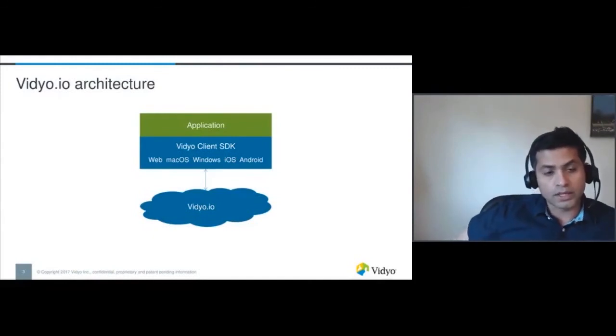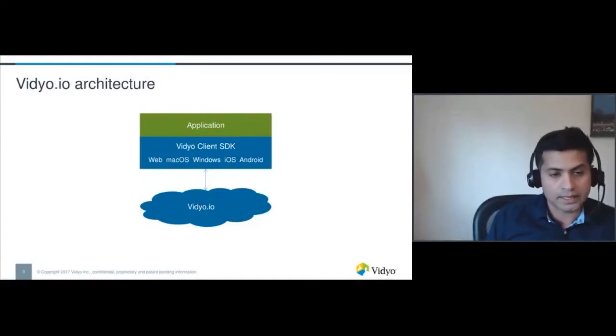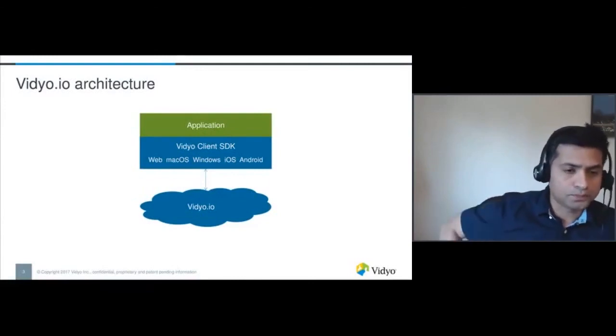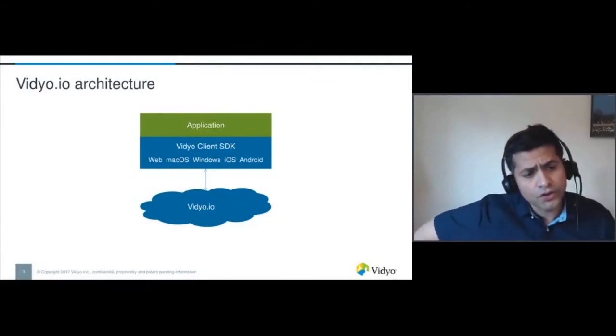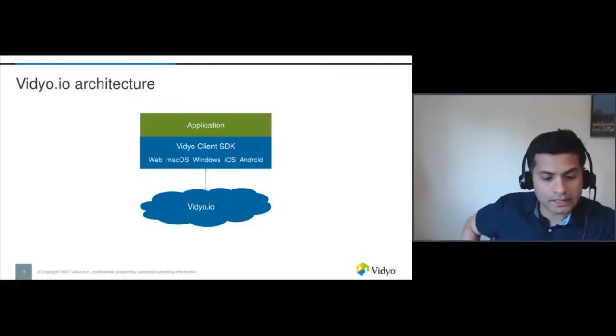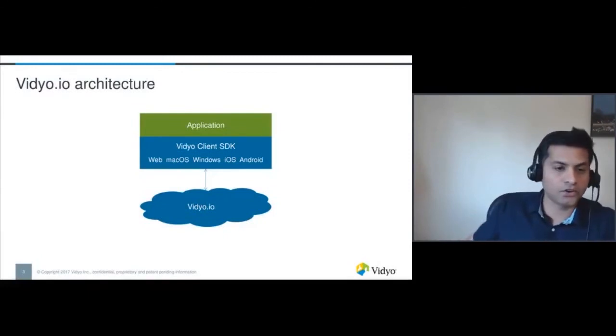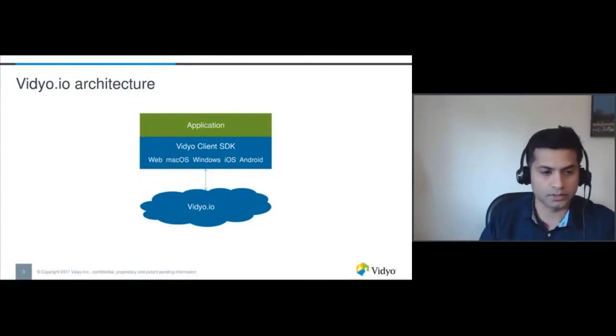All you need to do is download our Vidyo Client SDK for your corresponding platform, for example the iOS SDK, integrate it with your application and make a few calls. The SDK on your application's behalf will talk to our Vidyo.io cloud and make all the signaling calls and set up the virtual room, and all you need to do is connect, and you'll be presented with the video of yourself and your other participants.